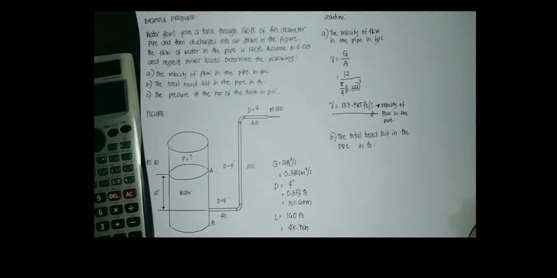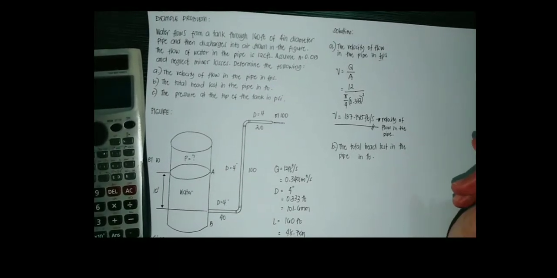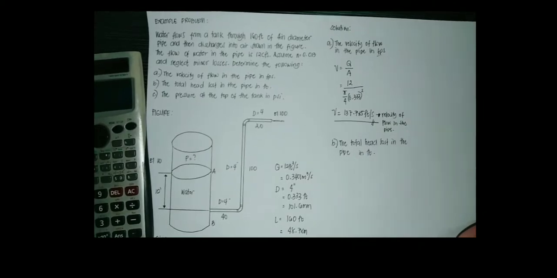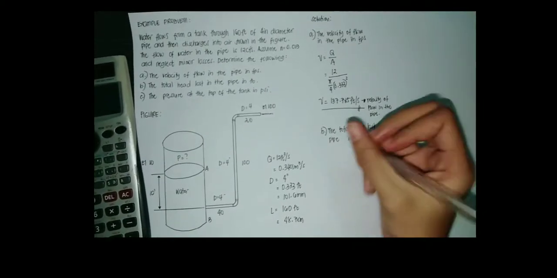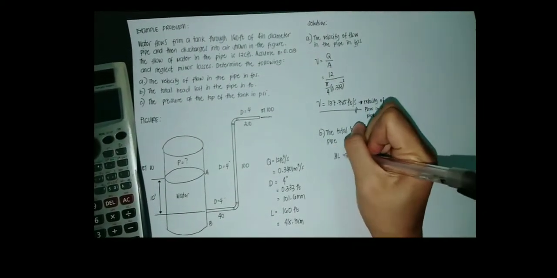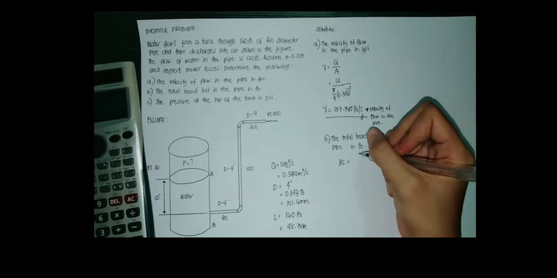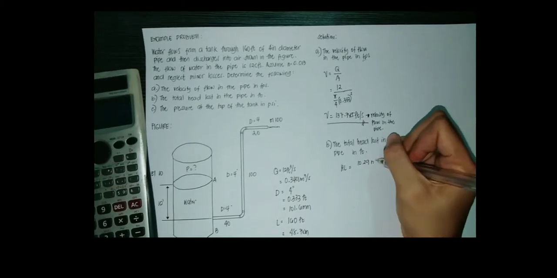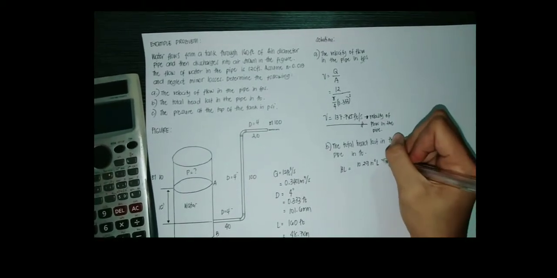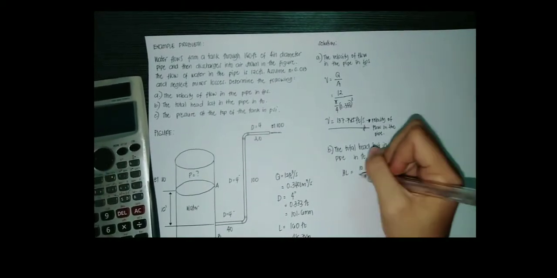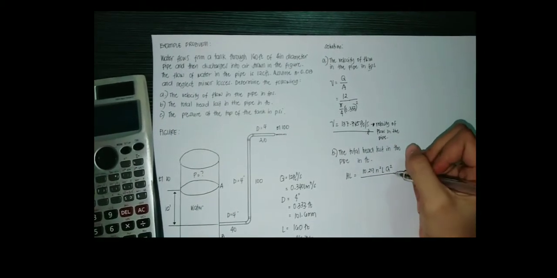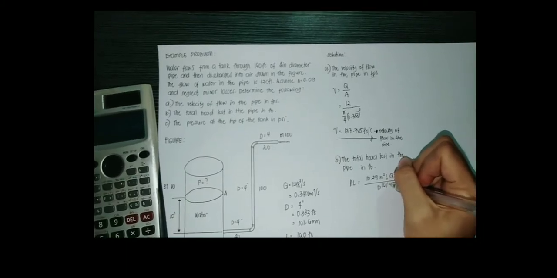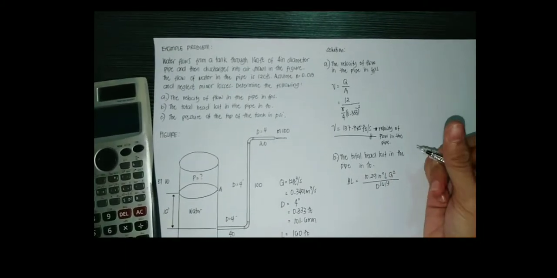We are going to use the head loss formula: HL is equivalent to 10.29 n squared times L times Q squared over diameter raised to 16 over 3.